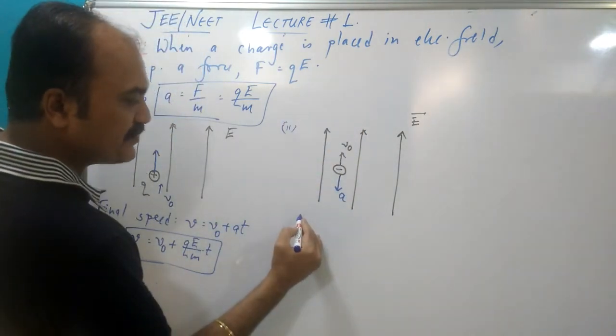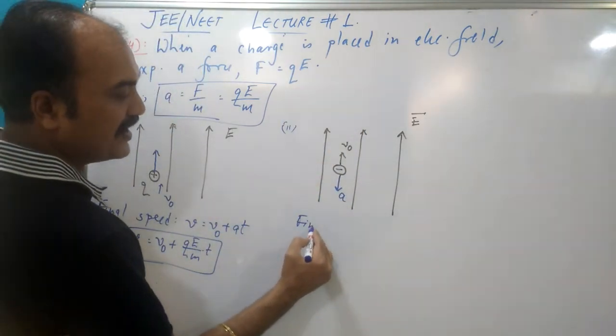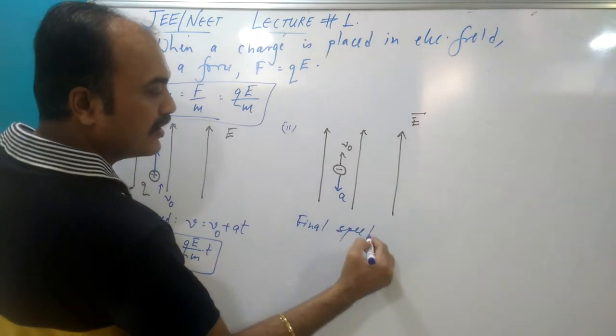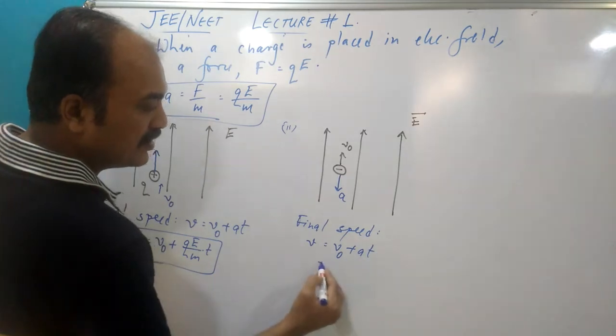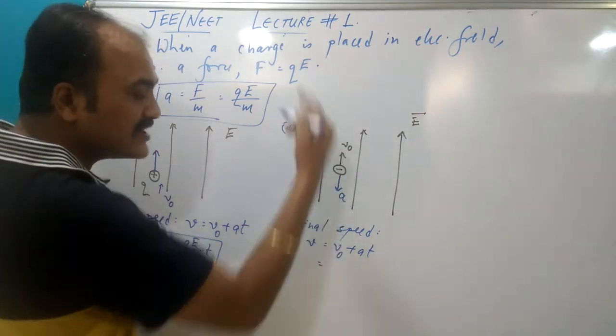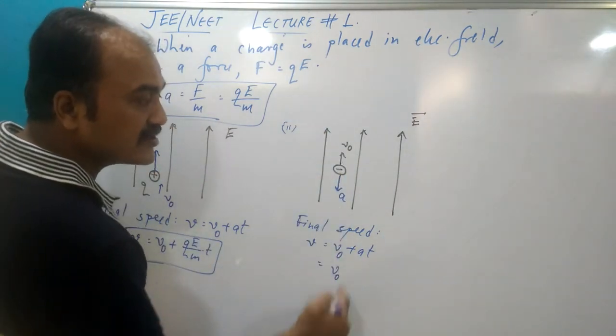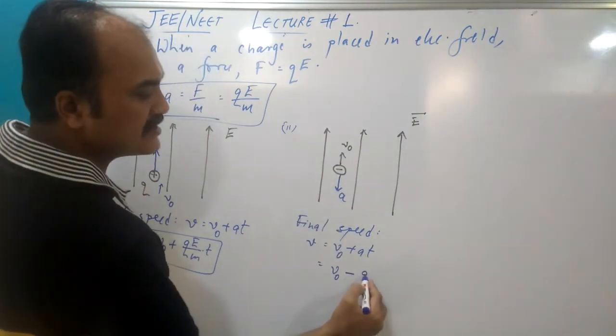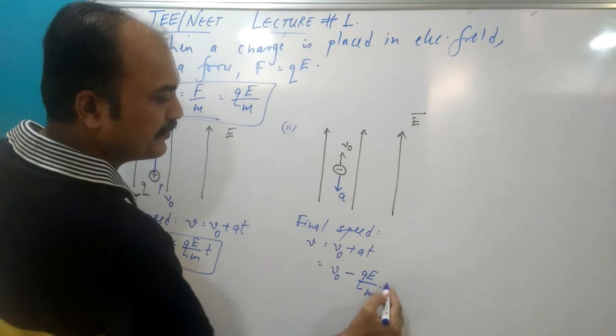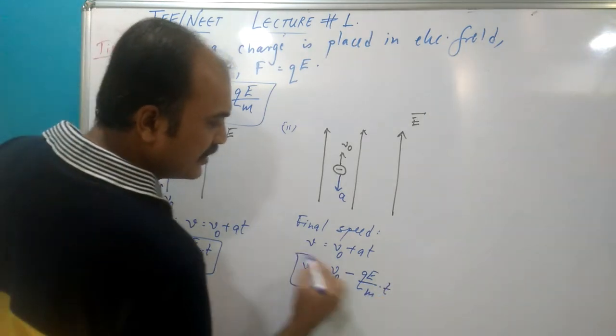So, what is the final speed? Final speed, ladies and gentlemen, look here please. V is V0 plus AT, no doubt. But V0 is upwards, which I'll consider positive, and acceleration is downwards. So I will have to take it as negative.